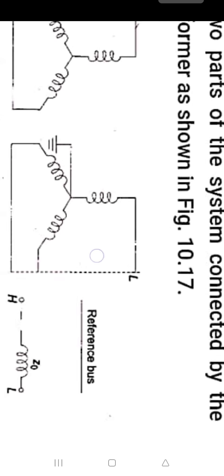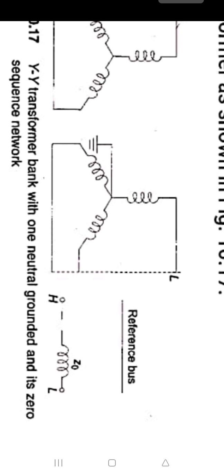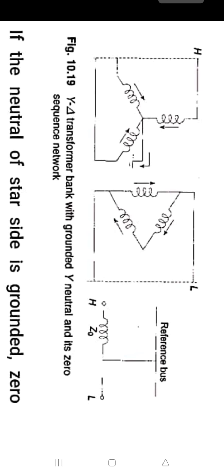So, let us see the 5 cases: star star with one side not grounded, we can derive it like this. On the grounded side we are representing it with the Z0 impedance, and on the not grounded side we are representing it with an open circuit. Then star star with both grounded, so we directly connect them. Then star delta, but delta does not have a neutral path, so we give a path from the star side to the reference bus for the current to flow.